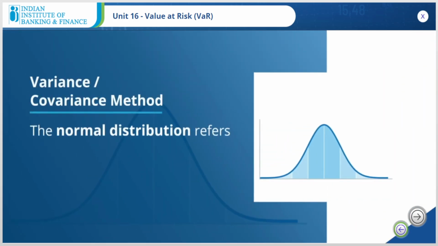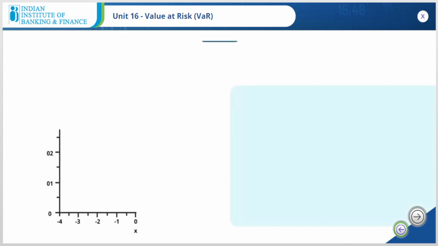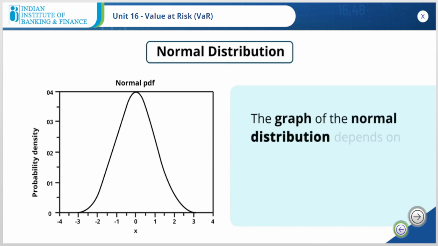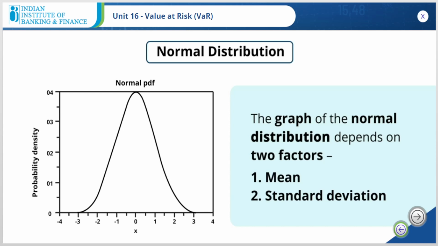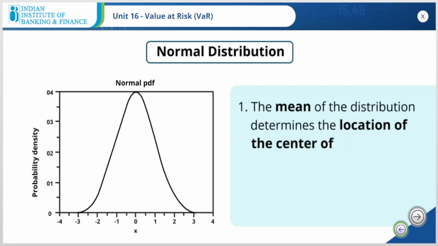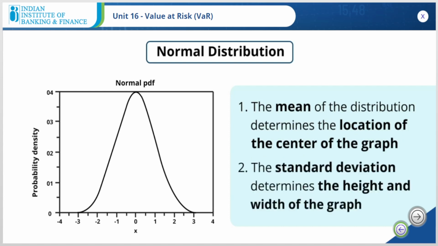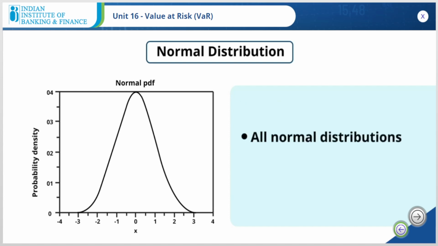The normal distribution refers to a family of continuous probability functions described by the normal equation. The graph of the normal distribution depends on two factors: the mean and the standard deviation. The mean of the distribution determines the location of the center of the graph. The standard deviation determines the height and width of the graph. All normal distributions look like a symmetric, bell-shaped curve.